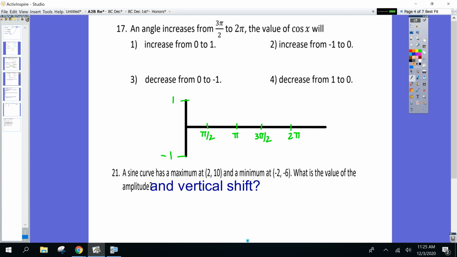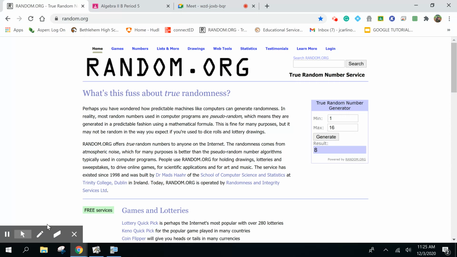You make this curve, this question becomes very easy. Cosine now, regular cosine, everyone.